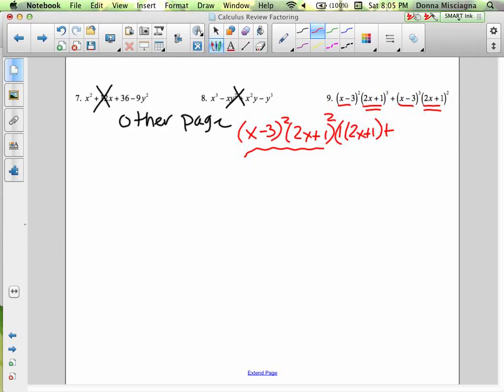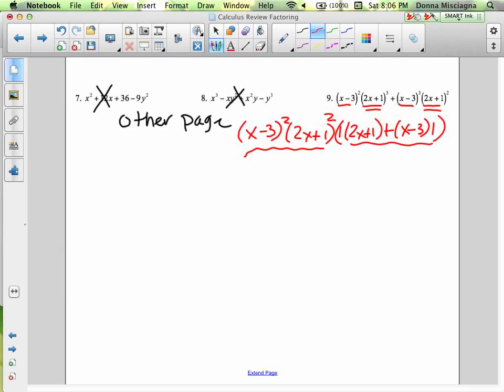All right, back to where we were. X minus 3 cubed divided by x minus 3 squared is going to be x minus 3. 2x plus 1 squared divided by 2x plus 1 squared is 1. So long as I put a parentheses there, I'm good. We've closed the parentheses, and all of this times all of that.